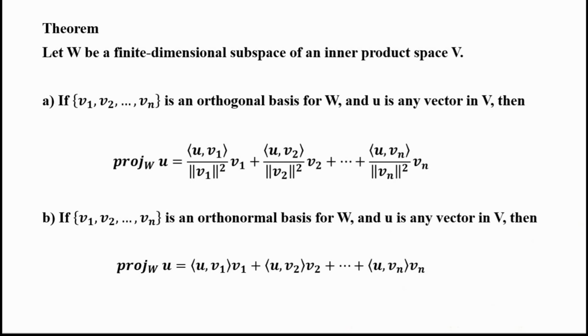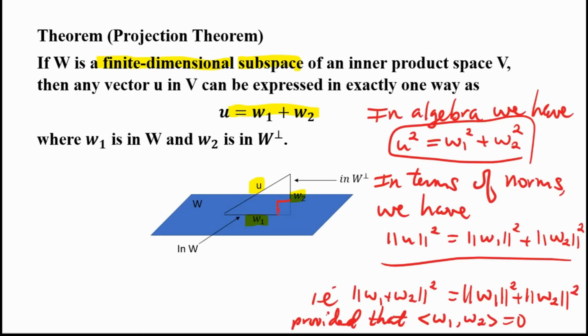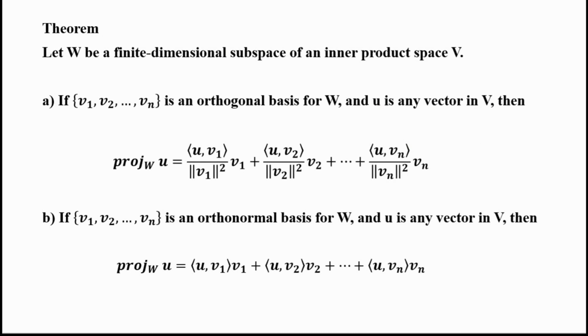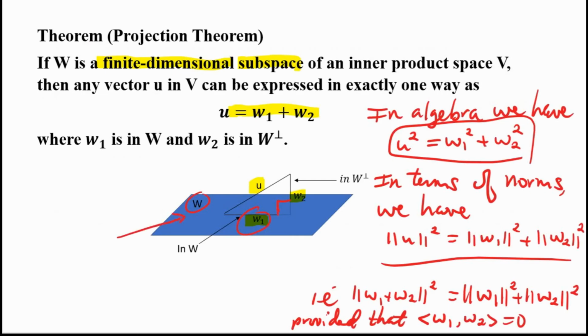So with that in mind, and again, the projection, what we get is that this projection of u onto W gives us w sub 1, or some scalar multiple of w sub 1. Let W be a finite dimensional subspace of an inner product space V. This W here is this space.